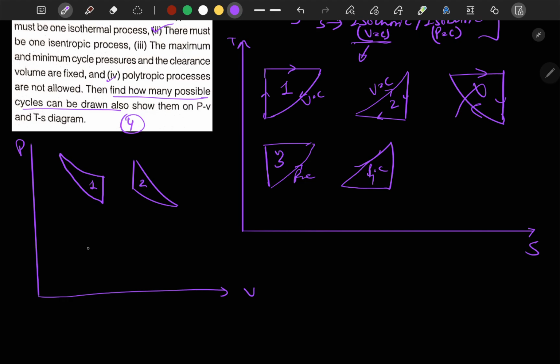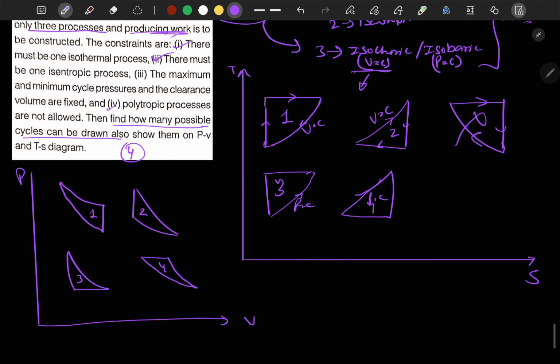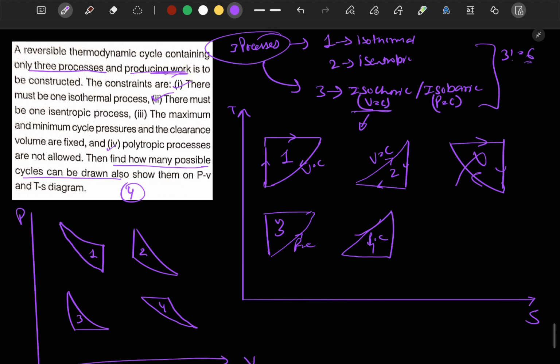One, two, and the third process is constant pressure, so it should be like this. The fourth process should again be the constant pressure process, and these two processes will be like this. So this is our fourth process. These 4 cycles are the only possible 3-process cycles which can be drawn on TS and PV diagrams, with one process being isothermal, second being isentropic, and third being either isochoric or isobaric.